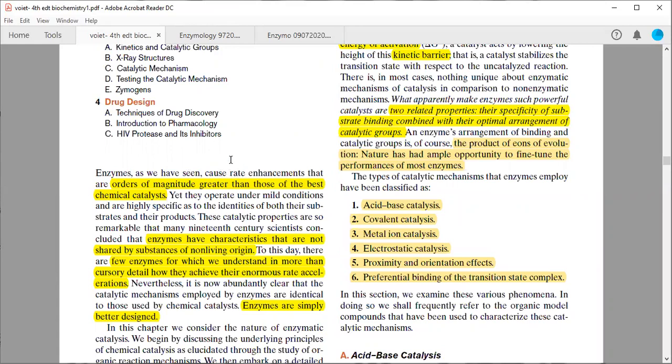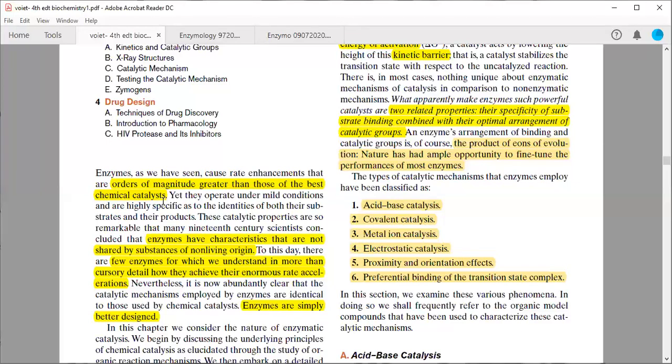They cause a rate enhancement. They increase the rate of reactions by several orders of magnitude, which is orders of magnitude greater than those of the best chemical catalysts. How is it possible?